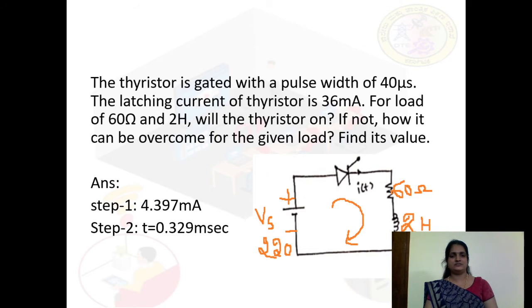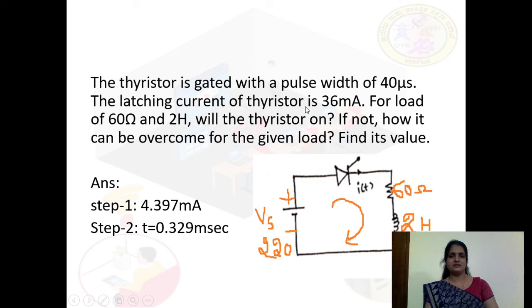This gives some information about a problem of a thyristor connected to a load with 60 ohm of resistance and 2 henry of inductance, with an input voltage of 220 volts applied. The problem statement: the thyristor is gated with a pulse of 40 microseconds.